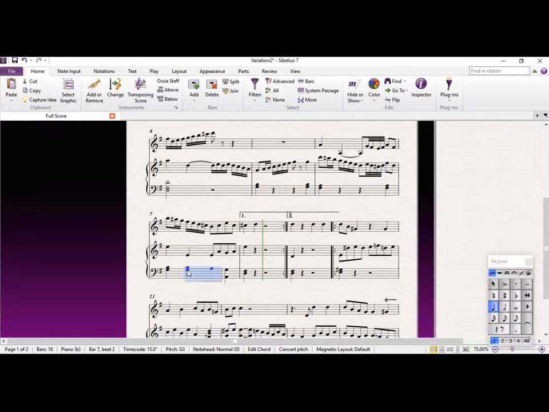We'll just have the same rhythmic pattern in the left hand as we had in the bar before. We could just have two parts here.